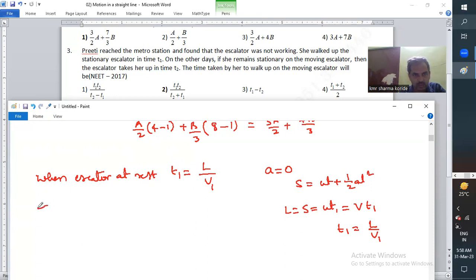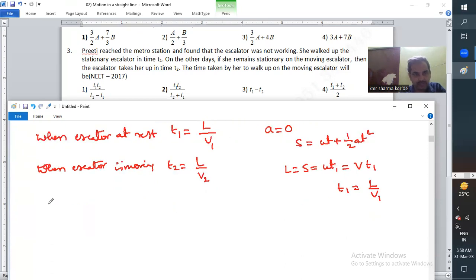So, next, when escalator is moving, Preeti is at rest. So, therefore, she can reach the top of the escalator in time t2 with v2. Now both are in motion. Due to some urgency, both are in motion. So let us say T3.